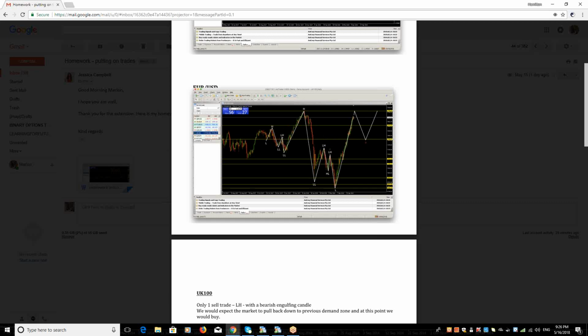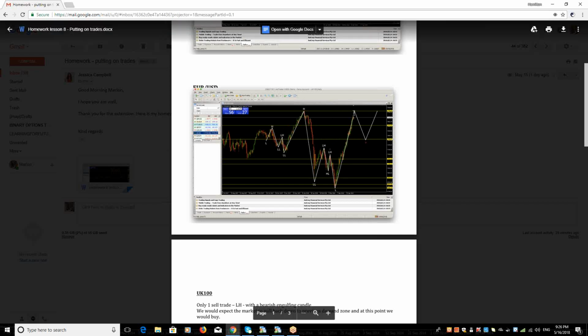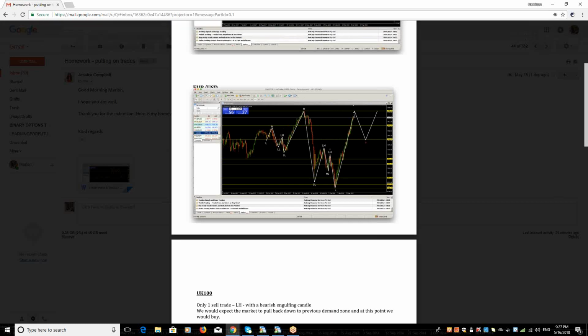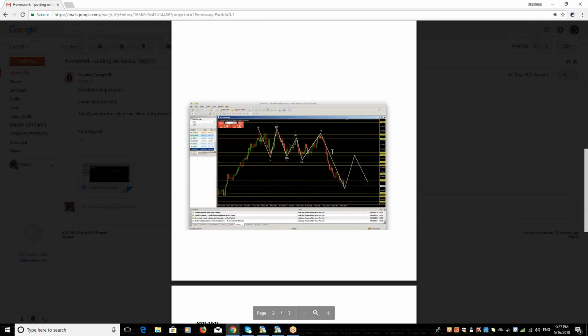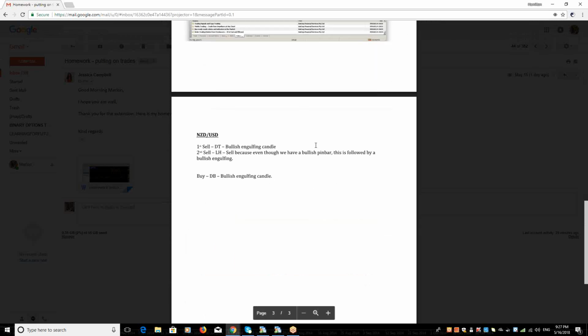But possibly a better trade would be to wait for it to come back down to this zone, then look to buy again to take it up even further above this zone here. And this one here now is more range bound. Always look at whether the market is making higher highs. If it's not going outside of that zone and is just within this zone, we know it's a range bound market.